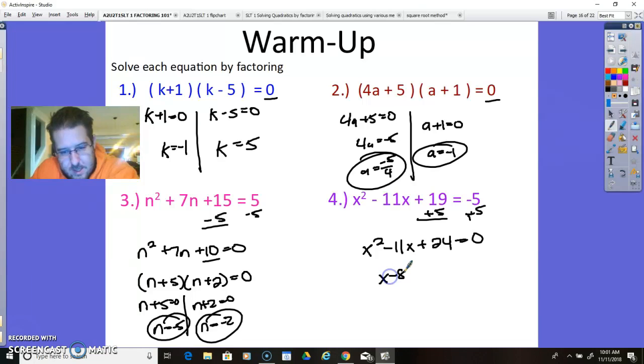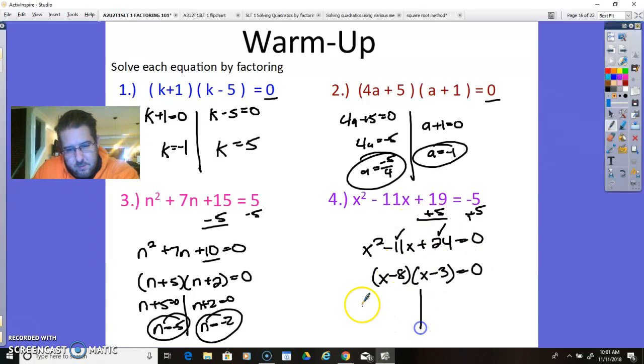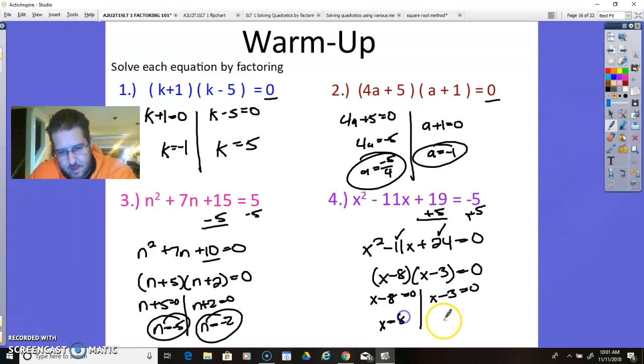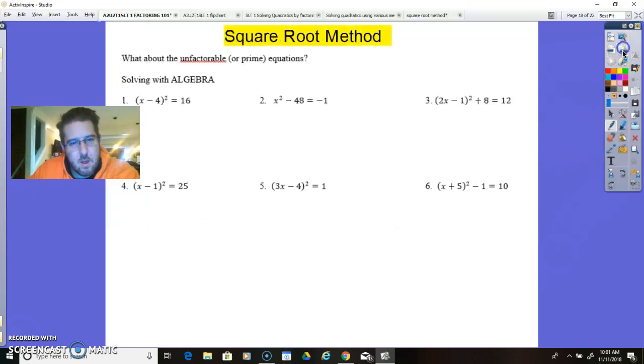So that's x minus 8 and x minus 3. -8 times -3, -8 plus -3. And then set each factor equal to 0 and solve. Looks like our answer is going to be 8. Oops. X equals 8, not 8 equals 8. That's definitely a true statement, but not the answer we're looking for. And then x equals 3. All right.